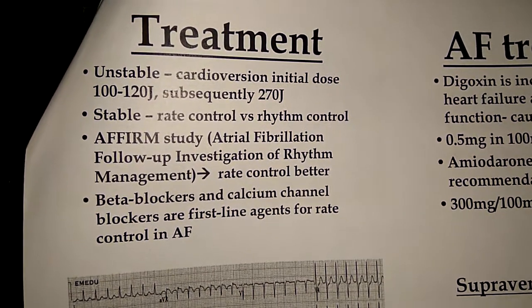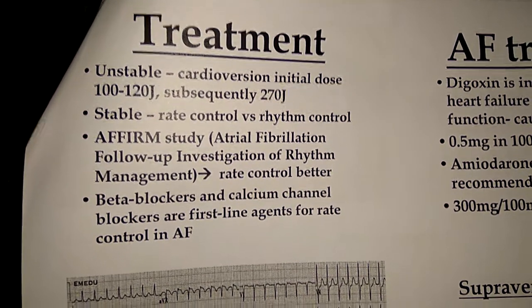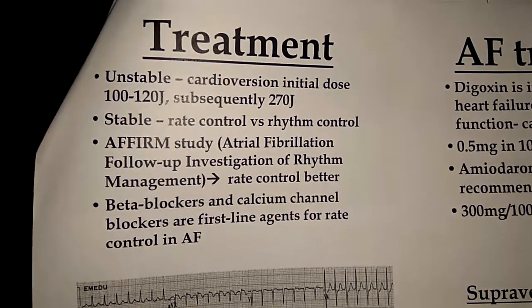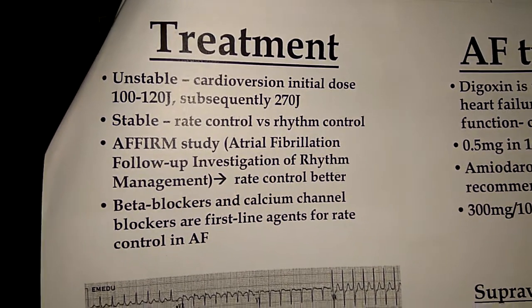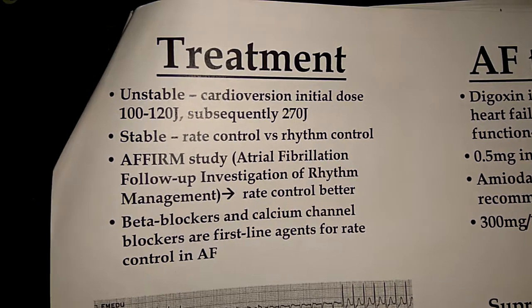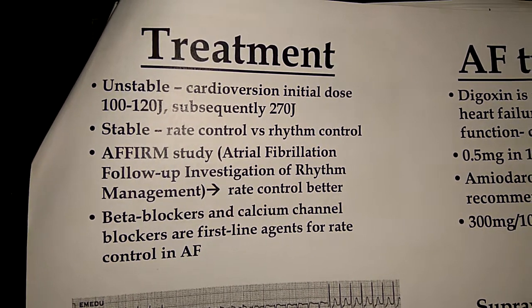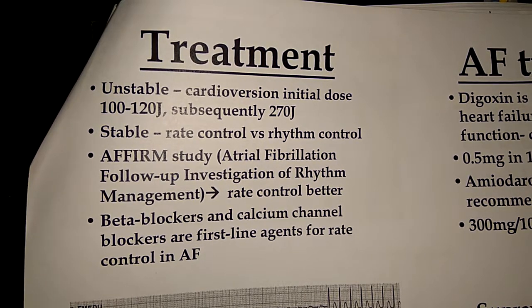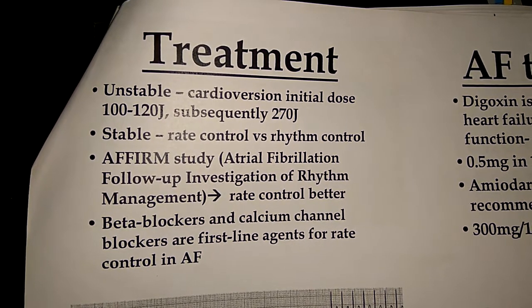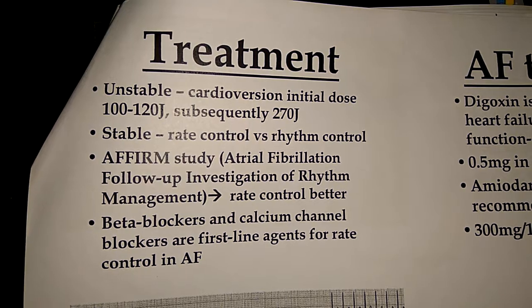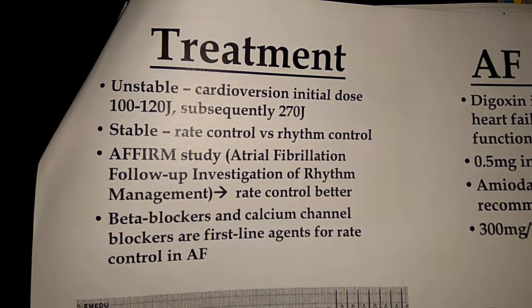Okay, for atrial fibrillation, if the patient is unstable, we give cardioversion, initial dose of 100 to 120 joules, then subsequently 270 joules. For a stable patient, first line we give beta blocker and CCB.